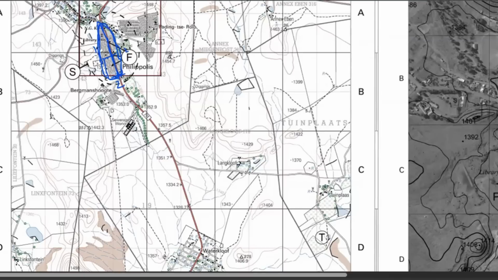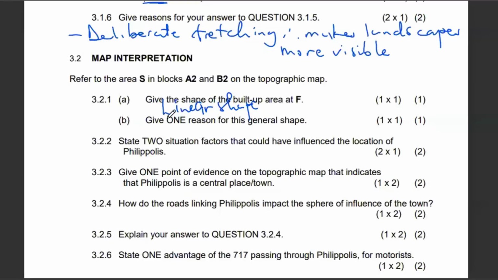So the major reason for having a linear settlement in that area is that the shape of the area is influenced by the road R717, because the buildings are ultimately following that route.